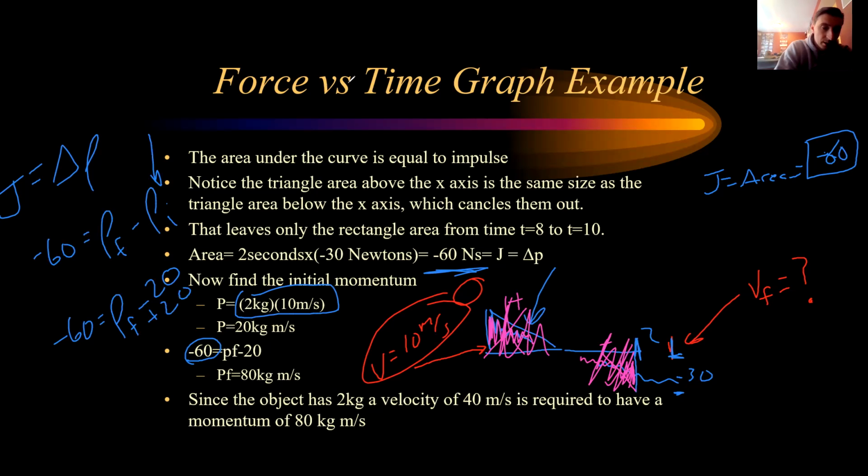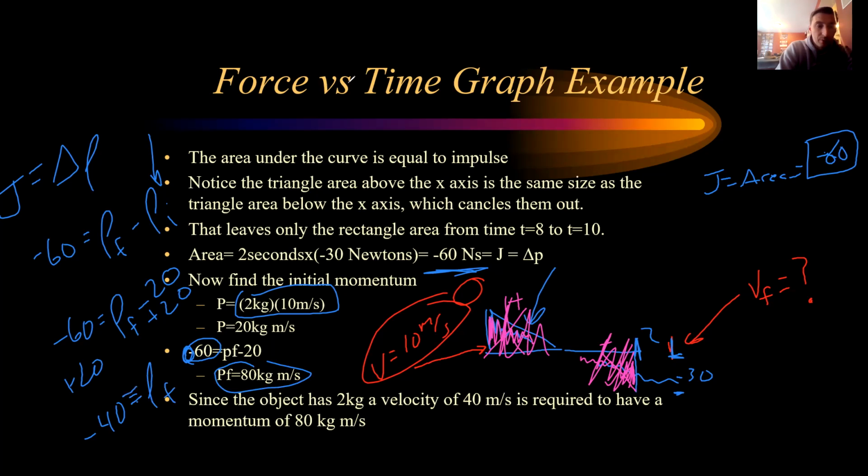So I add 20 to both sides. No, because I'm still going to get the same thing. Sorry, this is wrong. I was right. You know what happened? They forgot the negative here. So you're not going to get 80, right? Because your initial was that, so that's going to be negative 40 equals momentum final.